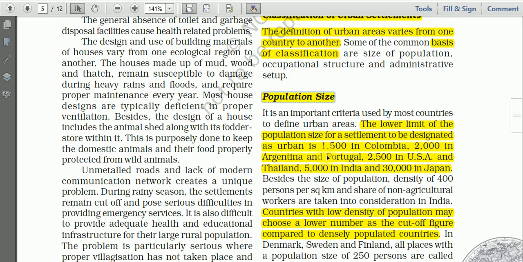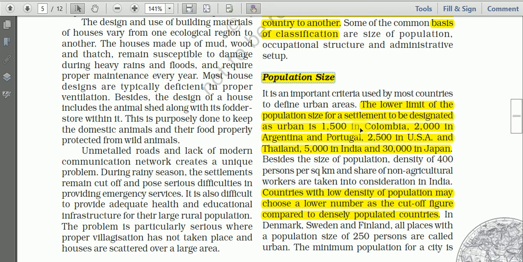Now let us see. The lower limit of the population size for a settlement to be designated as urban is 1,500 in Colombia, 2,000 in Argentina and Portugal, 2,500 in USA and Thailand, 5,000 in India and 30,000 in Japan.